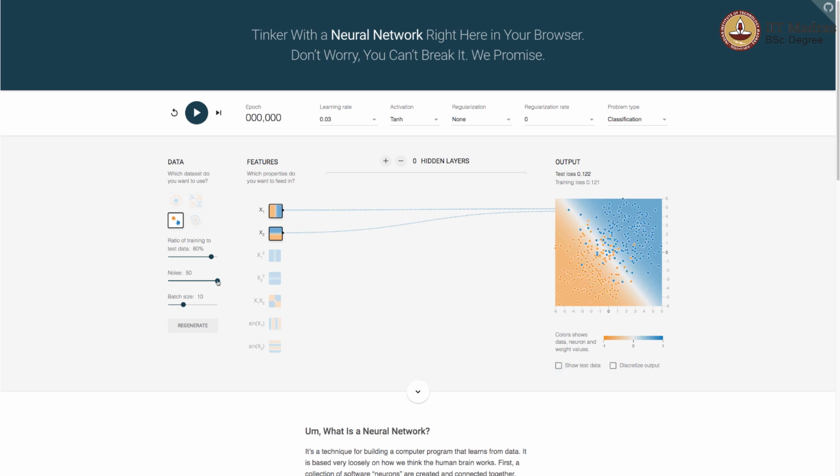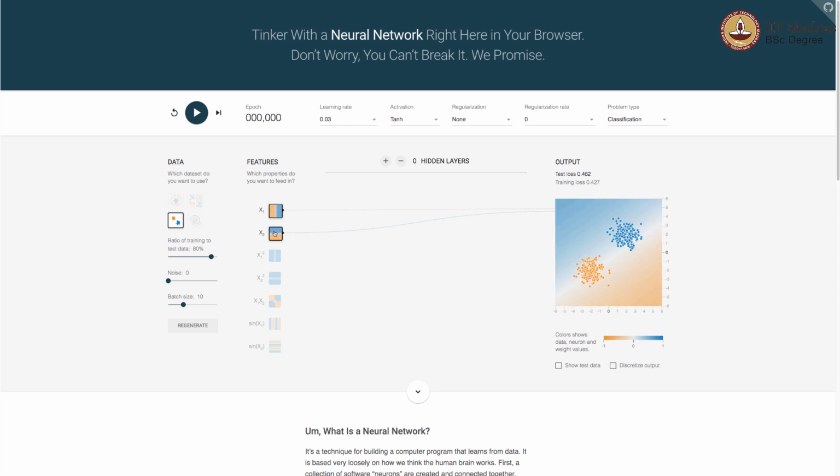But if I make the noise 0, even in the test data there won't be any crossover into each other's territory. So right now we'll select a simple setting of 0 noise and linearly separable classes.